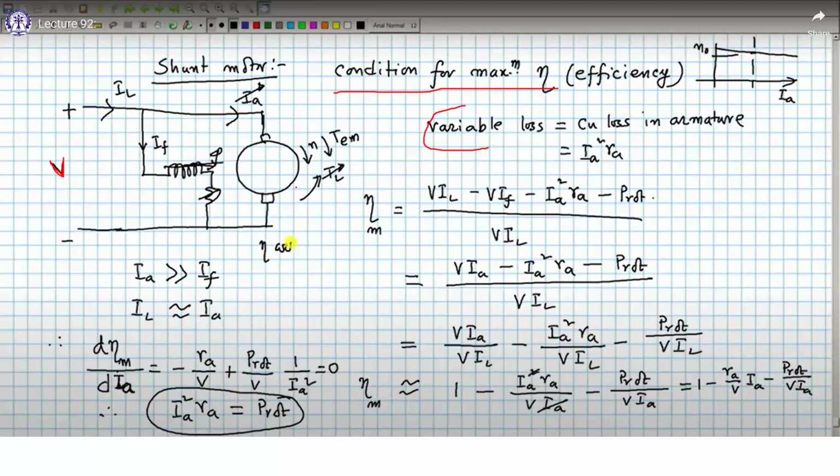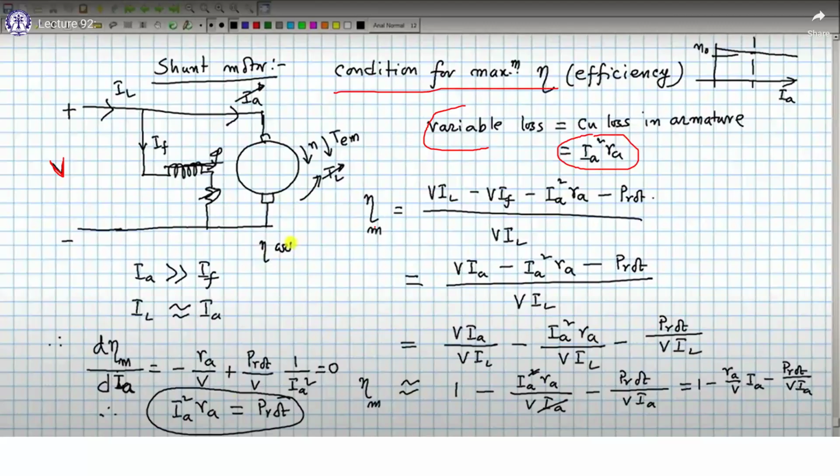So basically the variable loss consists of the copper loss in the armature, because IA will vary as your load varies. As your load varies, the IA current drawn by the motor will vary, and hence your copper loss in the armature will vary. That is why the variable loss in the shunt motor is only the armature copper loss, not the field copper loss. The field is constant as long as the terminal voltage is constant. So this is IA square RA.